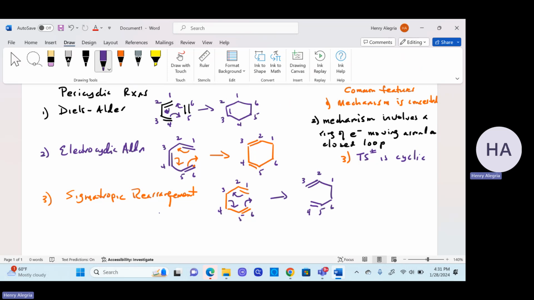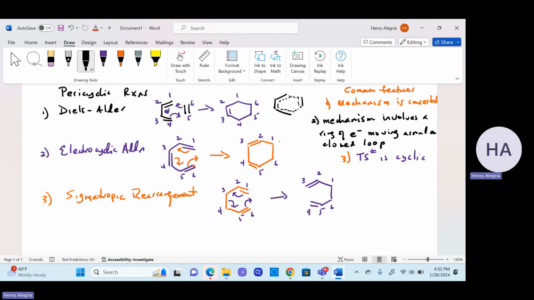The transition state is as follows. I'll put it over here. What's happening is you're starting to break that bond, you're starting to form that bond, you're starting to break that pi bond, you're starting to make that sigma bond, you're starting to break the pi bond here, and you're starting to form that sigma bond. Cyclic transition state.